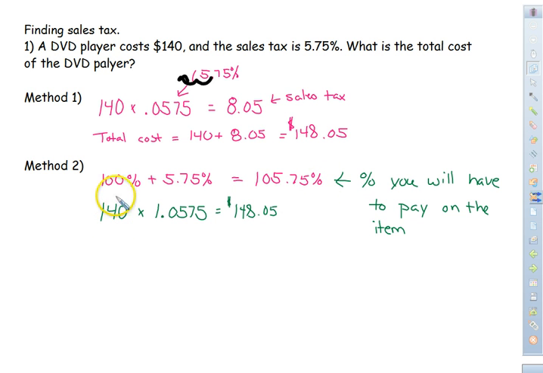So you can just take $140 times 105.75%, but you've got to write it as a decimal. So again, you're moving it over 2 places. Okay, so it's 1.0575, which is exactly what we had up here. And multiply that together and you go directly to that price.